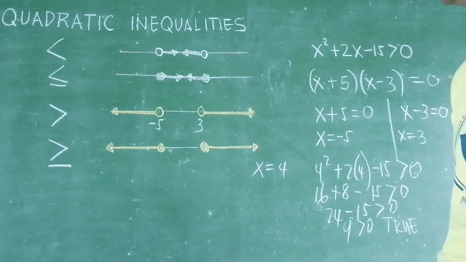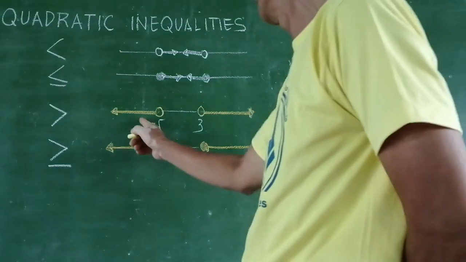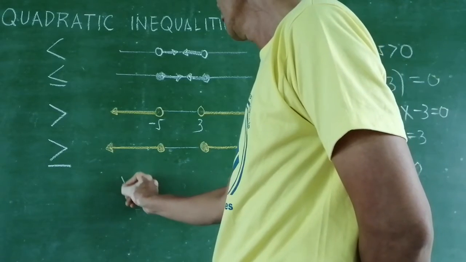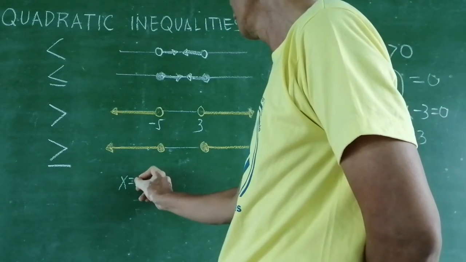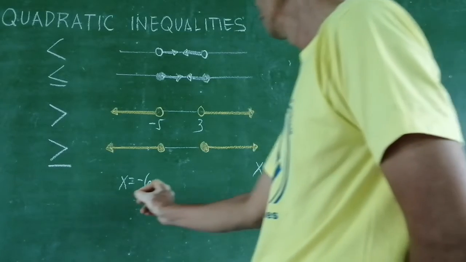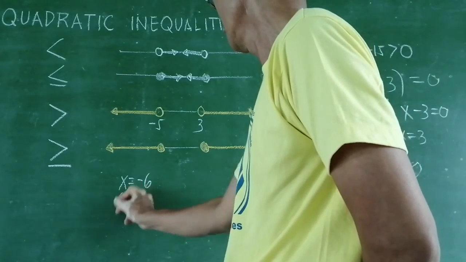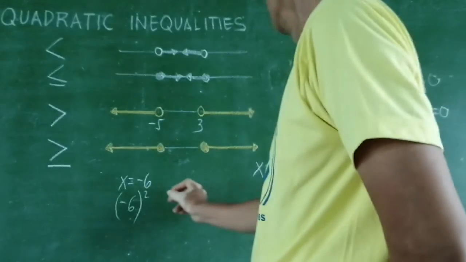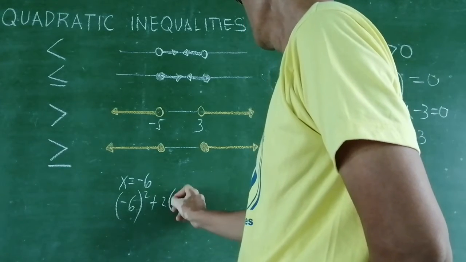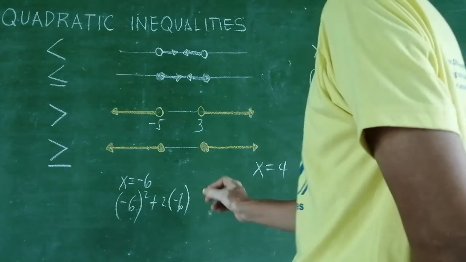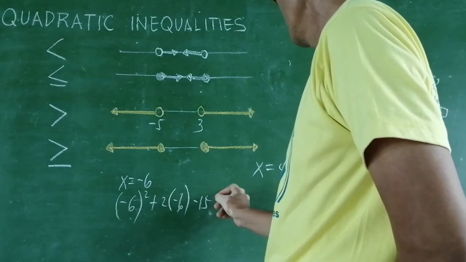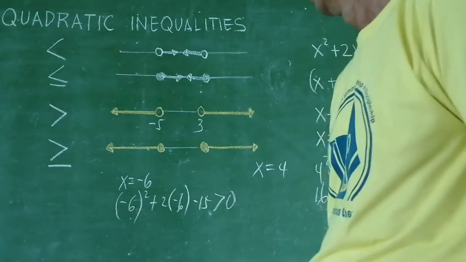So let's take another test point. For example, shall we try x is negative 6. So it will be negative 6 squared plus 2 times negative 6 minus 15 must be greater than 0.